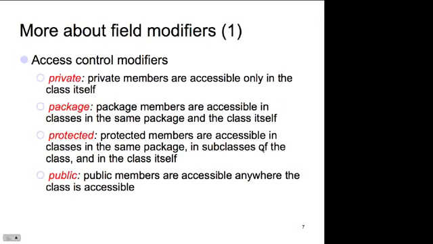Protected members are accessible in classes of the same package, in subclasses of the same class, and also in the class itself. So protected says, we're going to protect you from the public. And where's the public? The public is everybody. Usually the driver, that's why I like to try to put a name on that main. It's the driver program. Driver program is public.